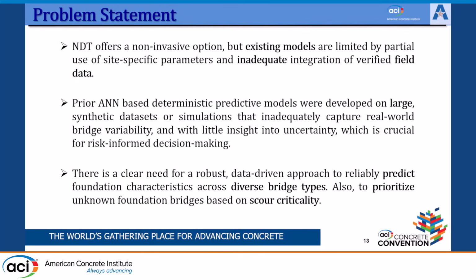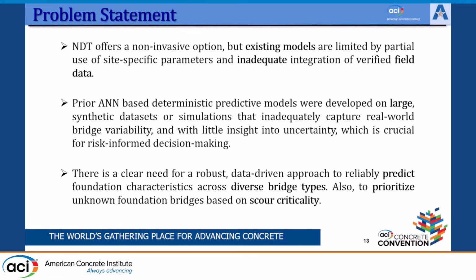Based on this literature review, we came up with the problem statement: NDT is obviously a good option, but the existing models that previous researchers used are not adequate for integration in the field. And also the problem with ANN is it needs a large number of data.